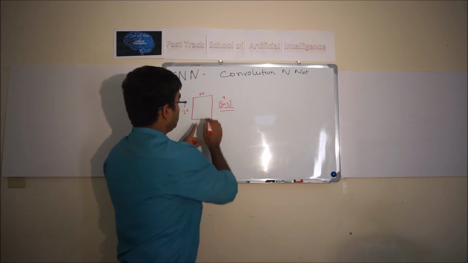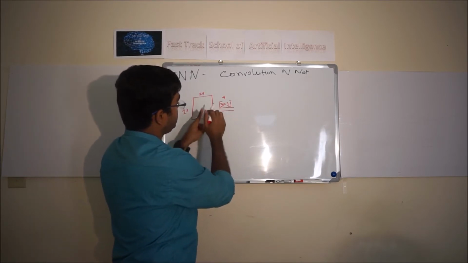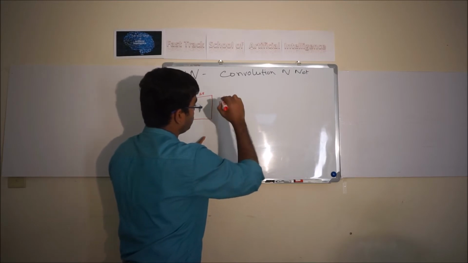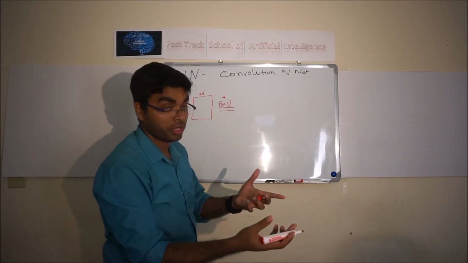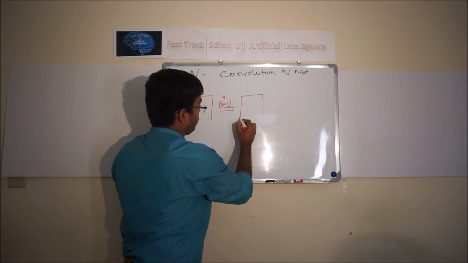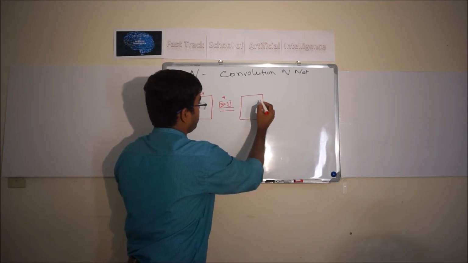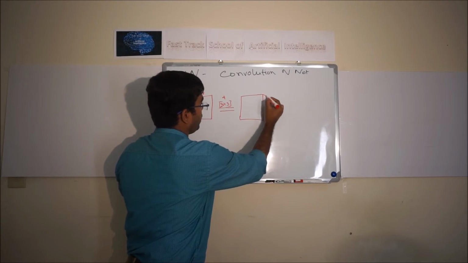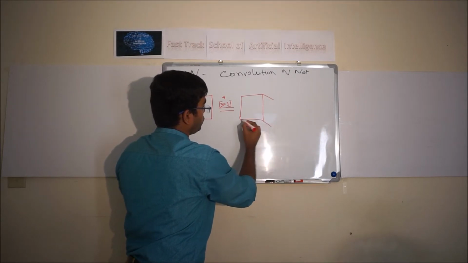Okay, so the output from this particular image after the convolution layer will be 28 by 28 and it will have 4 channels.